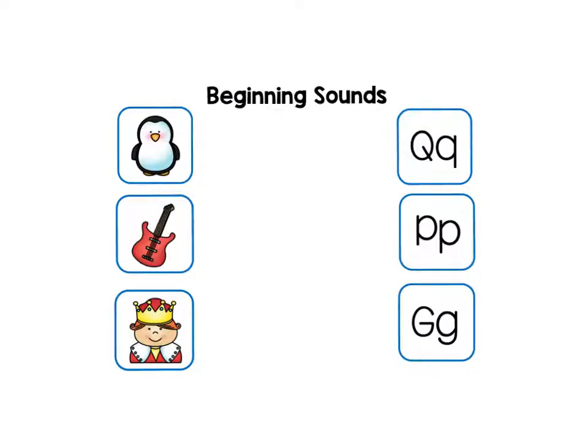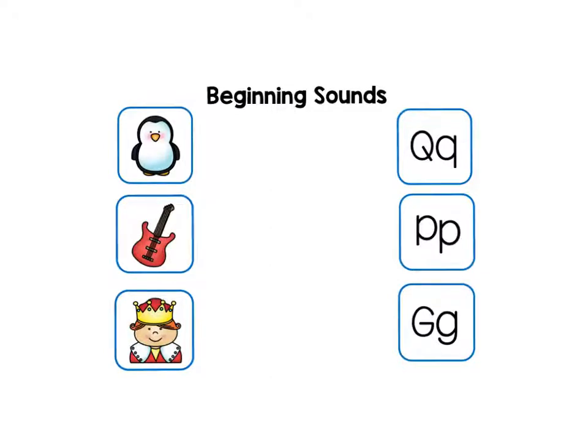Who can tell me what sound the letter Q makes? If you said qu, you are correct. The letter P makes a P sound. The letter G makes a J sound.